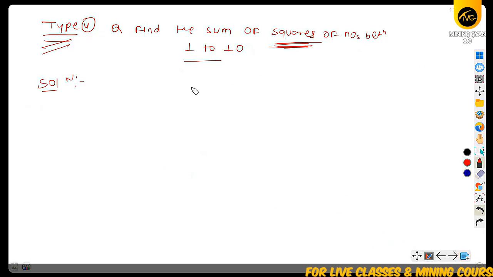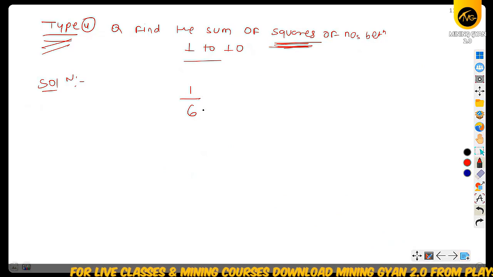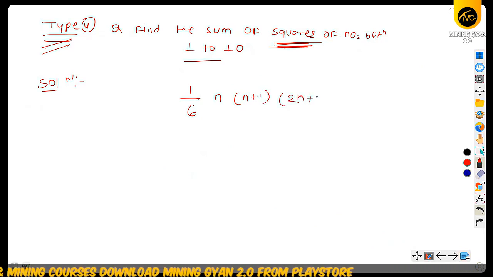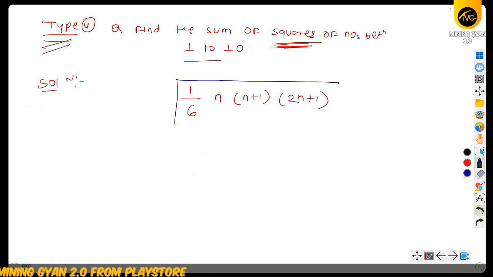Now in this case, we have to use a formula with 1 divided by 6, instead of 1 divided by 2. So what is the formula? 1 divided by 6 n into n plus 1 into 2n plus 1.